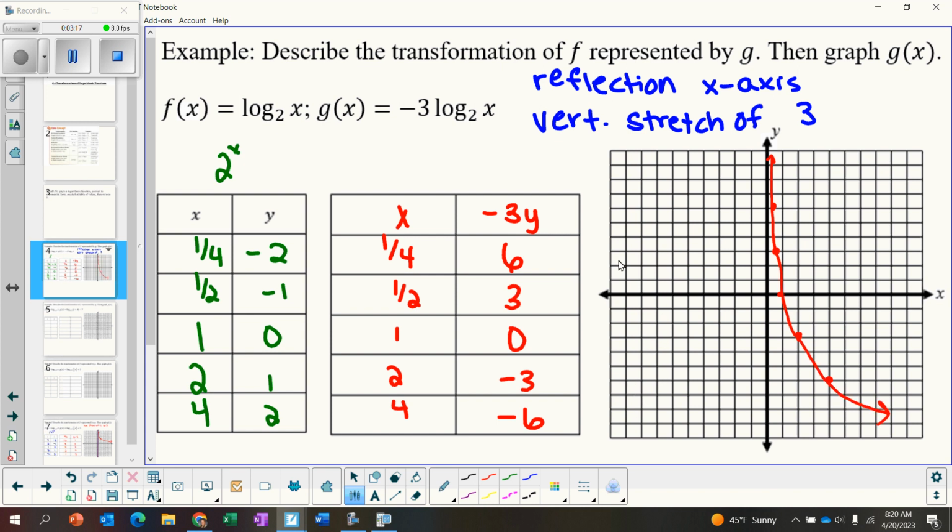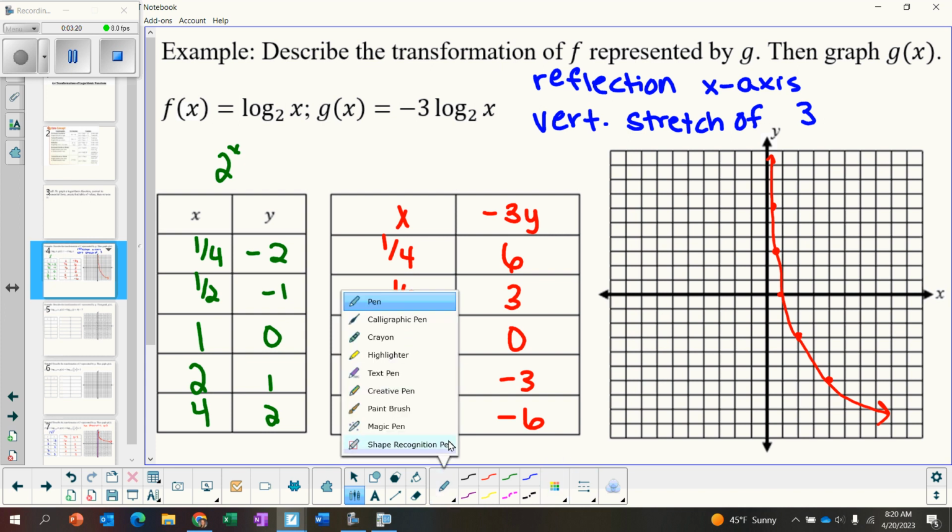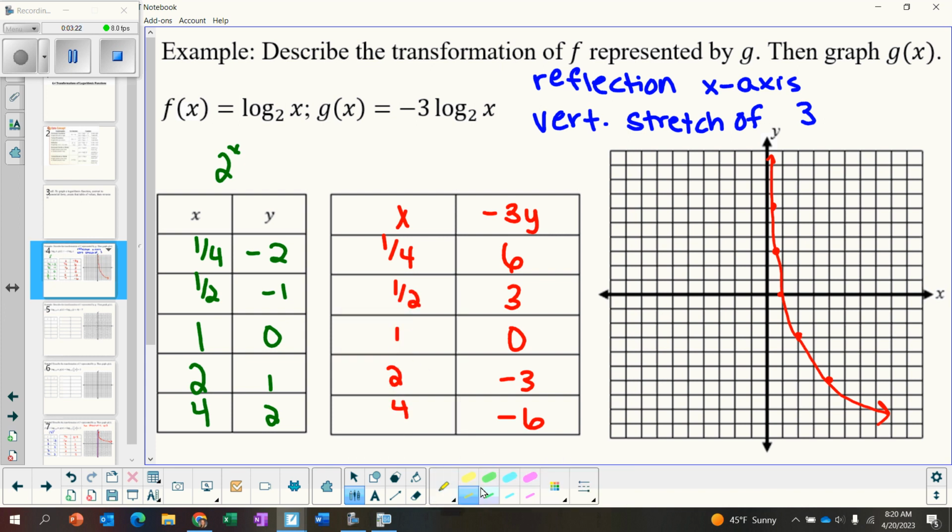And that is our graph. We wanted to draw our asymptote on there. It would have been here. All right, let's look at the next one.